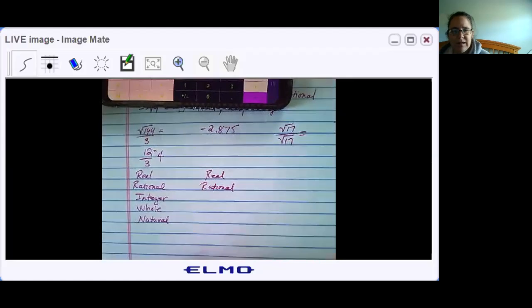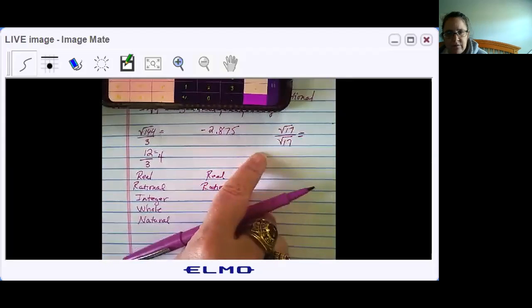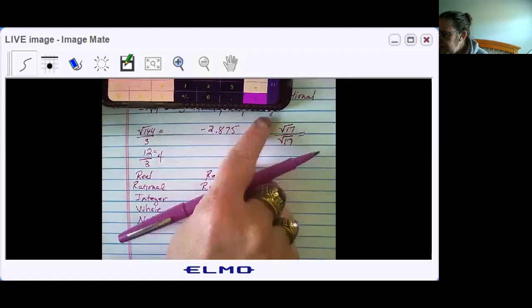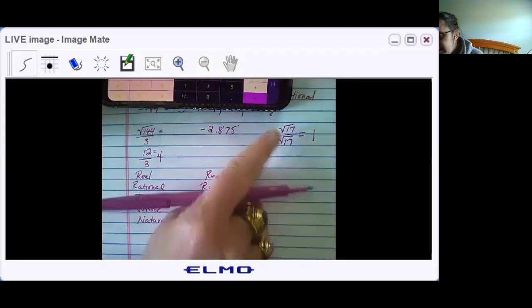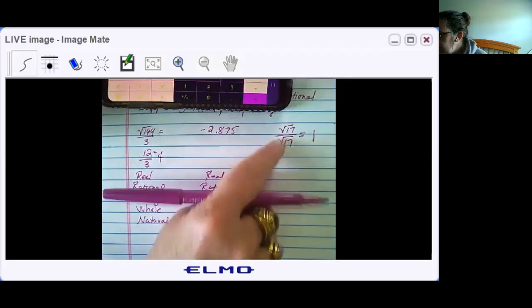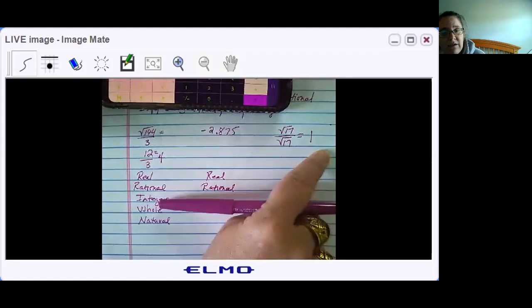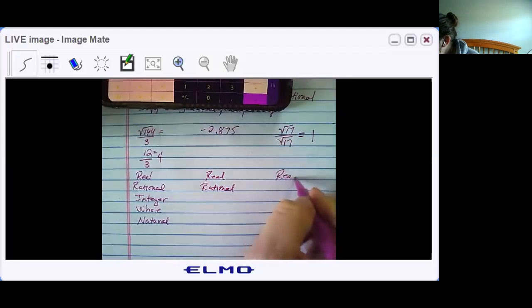The last one was a little bit trickier, but I want you to think about something. Any number divided by itself, standard math rule, is always 1. If the top and the bottom of the fraction match, those pieces are going to cancel each other out and leave 1 behind. Well, 1 is a real number.